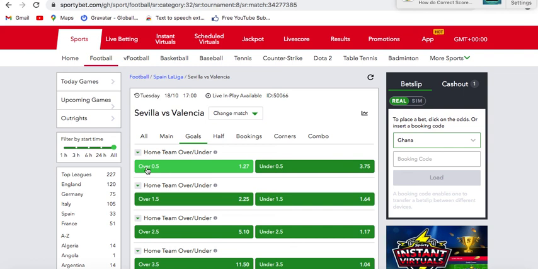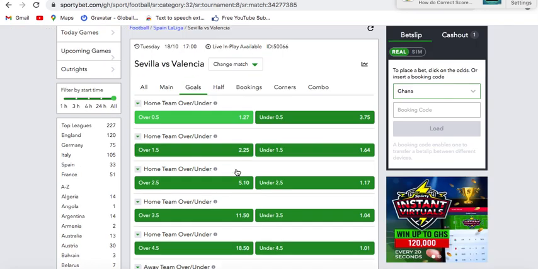So the home team is having over 0.5 goals under 1.27 odds, and it's under 1.30 odds. So the home team can score over 1.5, like 1 goal, 2 goals and above.